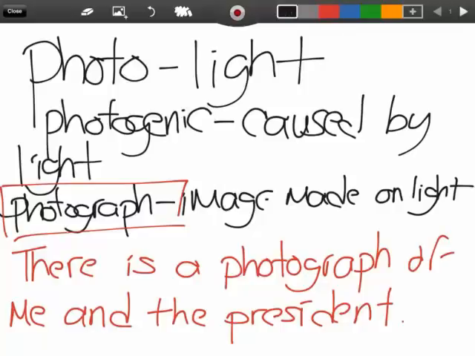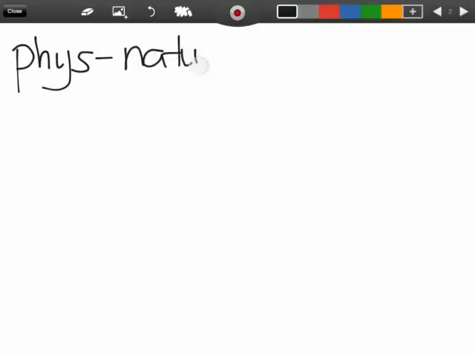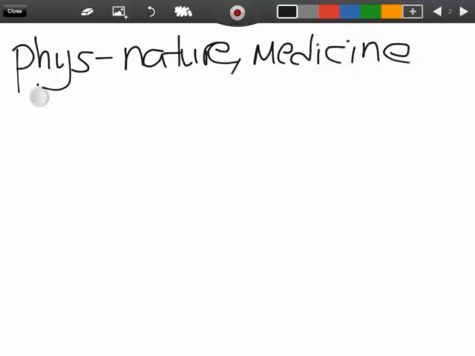Moving on to our next root is phys. And phys means nature, medicine, and the body. I'm going to give you two examples.